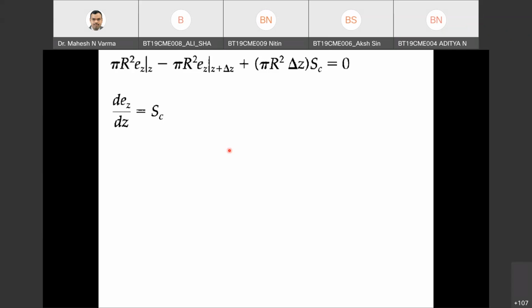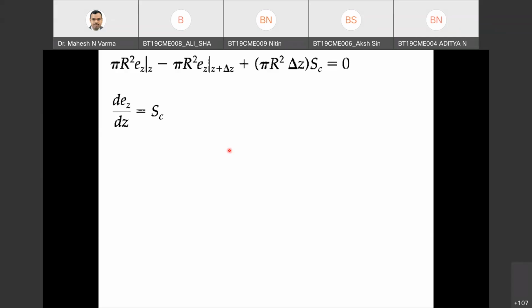Now this is for zone number 2. What will be the equation for zone number 1 and zone number 3, Aman? Because the material is varying, the thermal conductivity will also vary. The overall material composition is changing, so the effective thermal conductivity is varying.